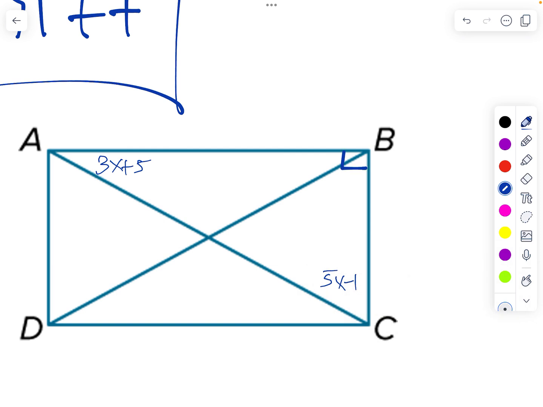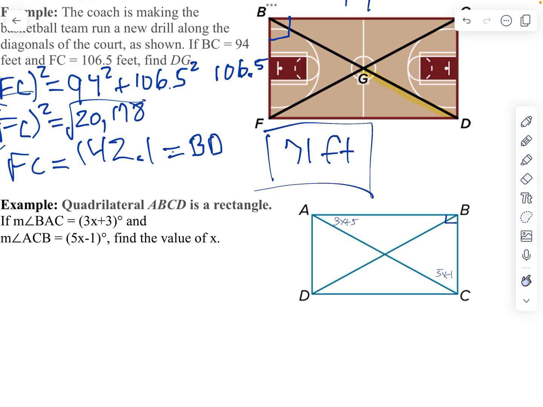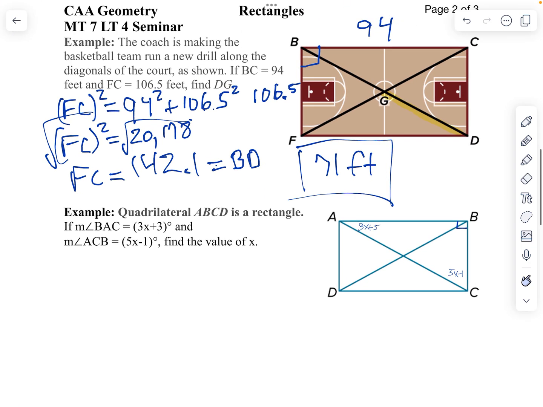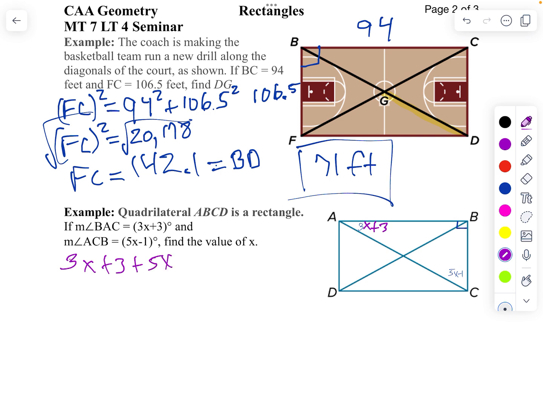So I know angle A and angle C, they're going to add to 90, because there's 180 degrees in a triangle and one of them is 90. So we're going to say 3x plus 3. I think I wrote in 5 there. That's supposed to be a 3. Plus 5x minus 1. That's going to equal 90.